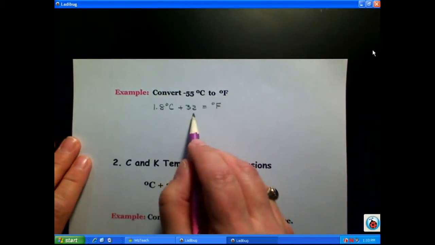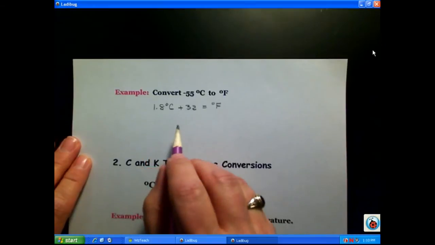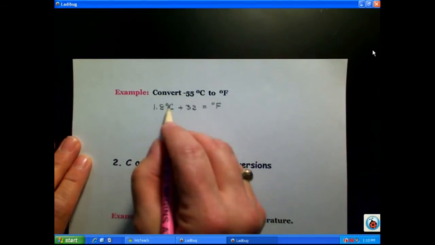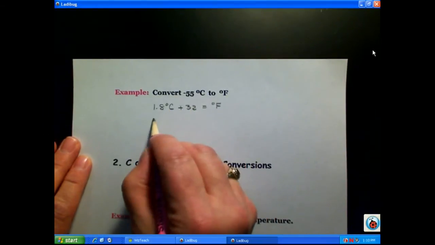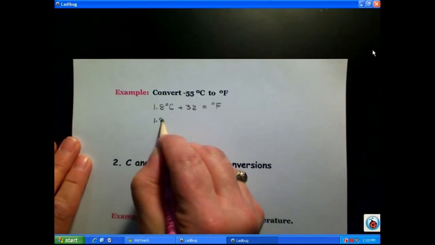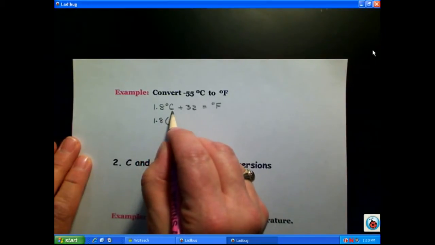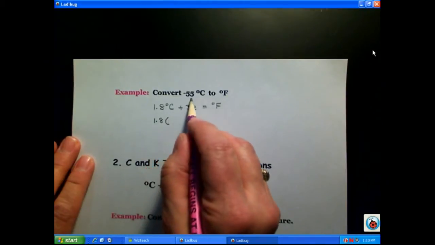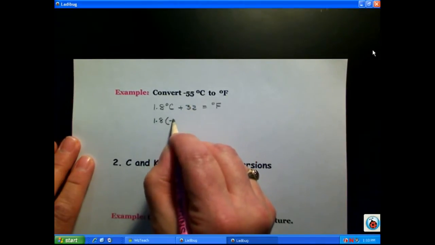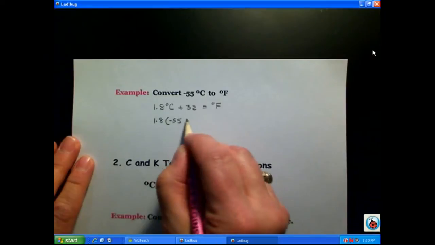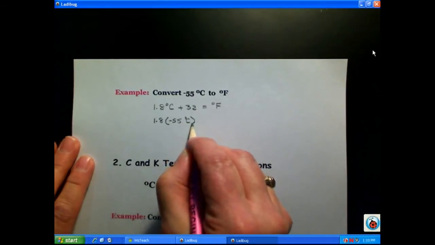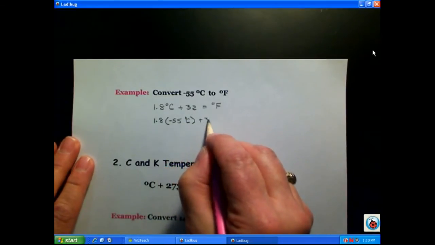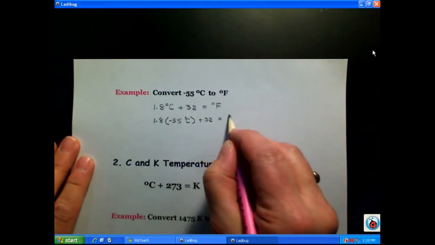Now remember, you don't have to memorize these formulas because they will be provided to you on the exam. Now we put in 1.8 again times, when a variable is right next to a number, it generally means to multiply by it. So it's 1.8 times the temperature in degrees Celsius. So it's times negative 55 plus 32 is equal to degrees Fahrenheit.